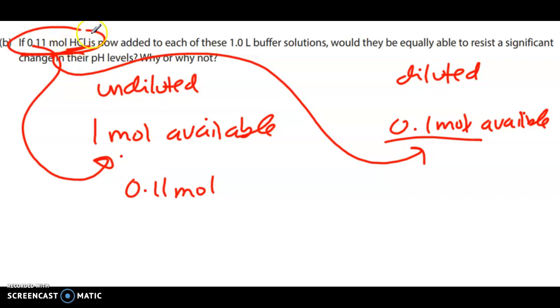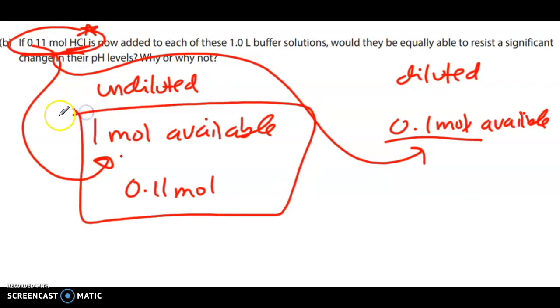But this HCl, remember, is just straight up hydronium ions. So this undiluted will be able to have a proper resistance in pH change. So this diluted one will change the pH significantly. It will not be able to properly resist adding in that much HCl for that equilibrium.